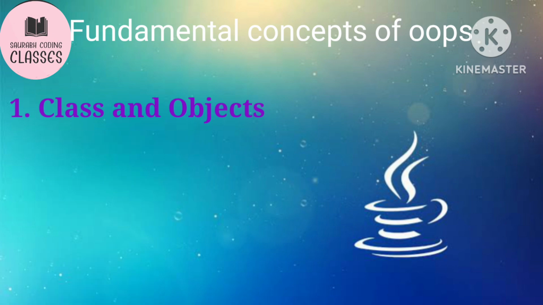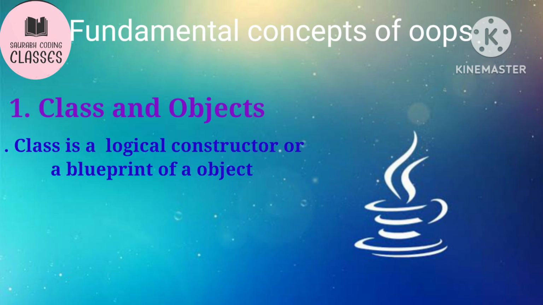In the first video of our tutorial we learned what is class and object. So again I am repeating the terms class and objects. A class is the logical constructor, or we can say the blueprint for creating an object. Logical constructor means a template for any object.